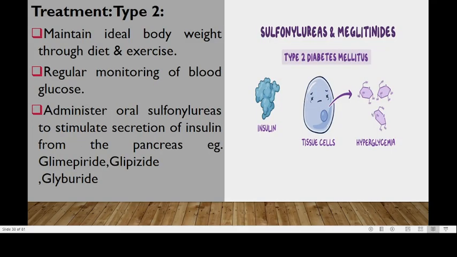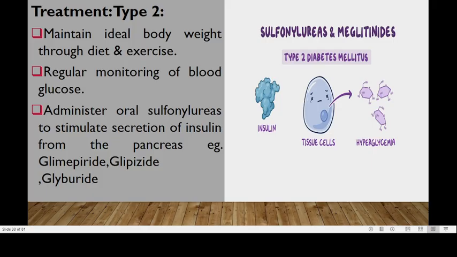For type 2 diabetes, you maintain ideal body weight through diet and exercise. You do regular monitoring of blood glucose. You need to administer oral sulfonylureas, and the sulfonylureas include drugs like glibenclamide, glipizide, and glimepiride.